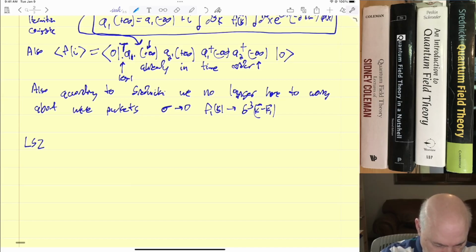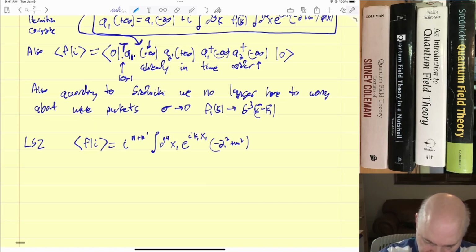And we get, I'm going to make it a little bit more general. I'll explain that in a second. i to the n plus n prime. I'm going to have the integral d4x1 e^(i k1 x1) (minus partial squared plus m squared). And then for every additional incoming particle, we have another term like that.